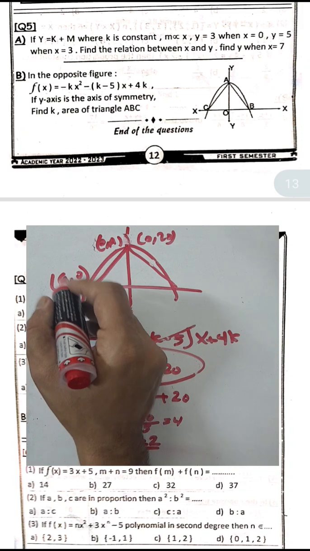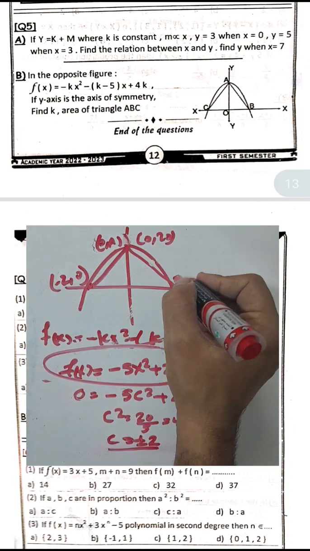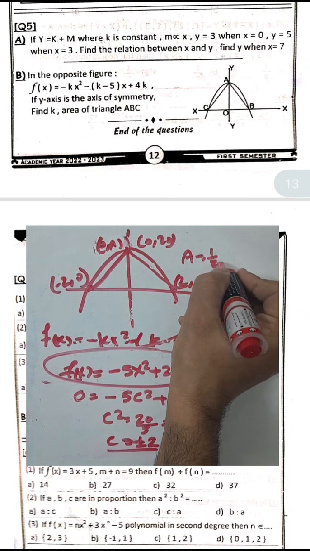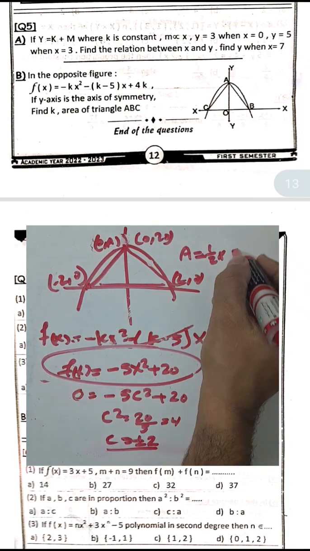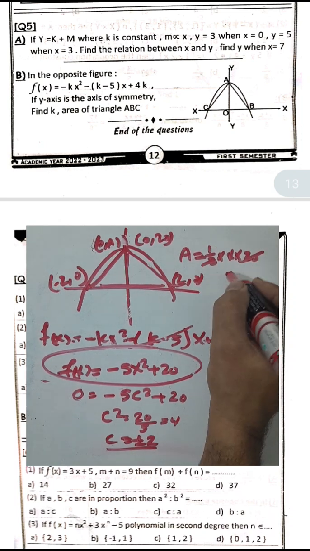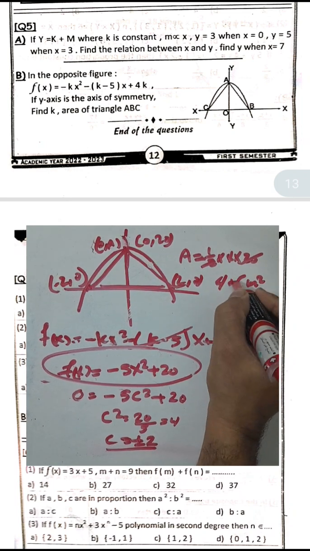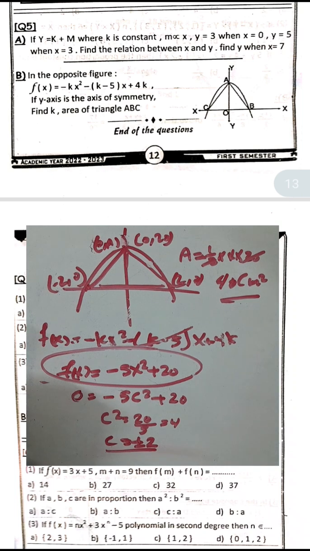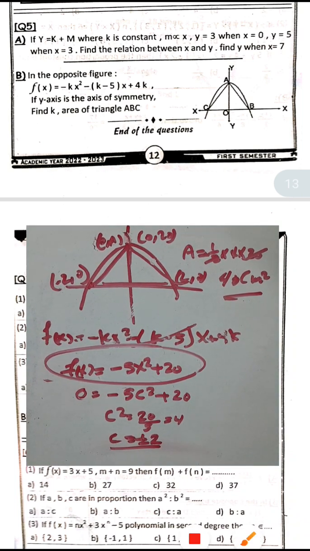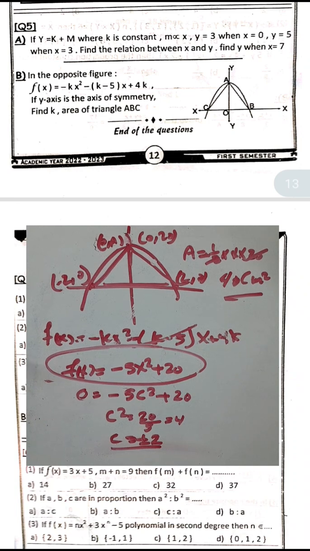Then c here will be negative 2, and here it will be (2, 0). Then the area equals half times base 4 times the height 20. It will be 10 times 4, it will be 40 square centimeters. It's the area, or area units, square units. Okay.